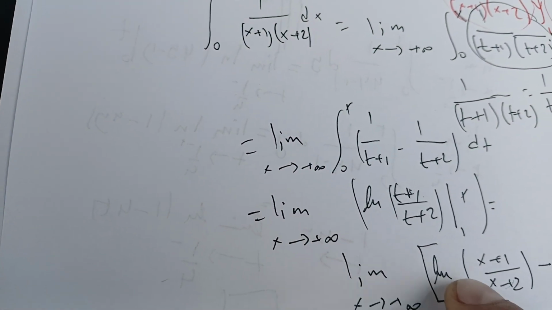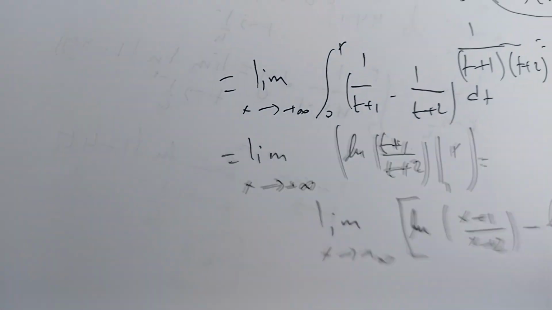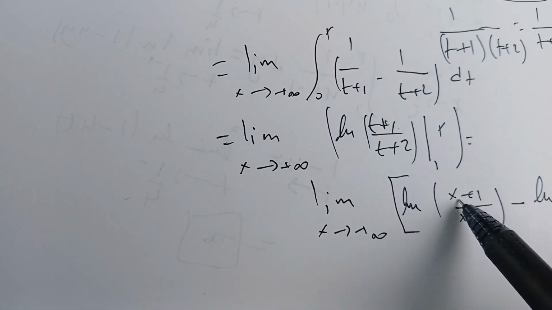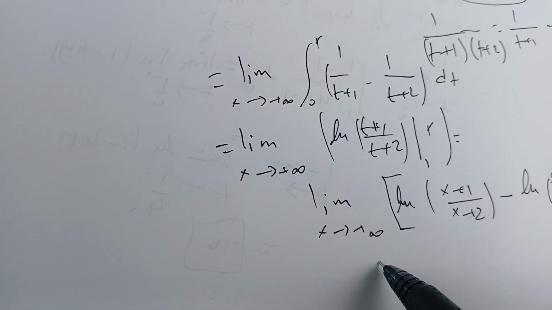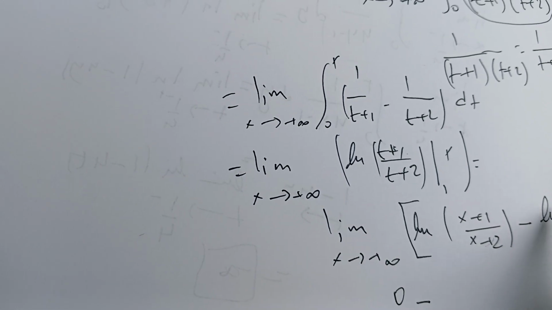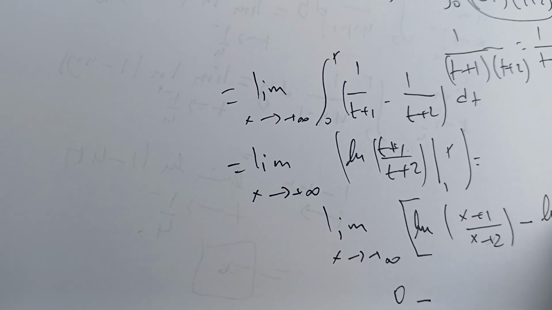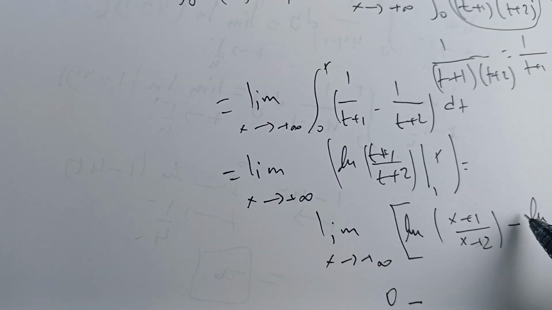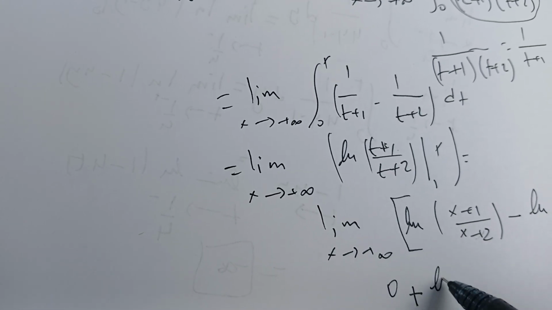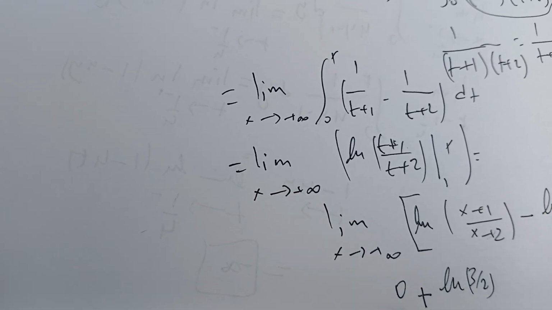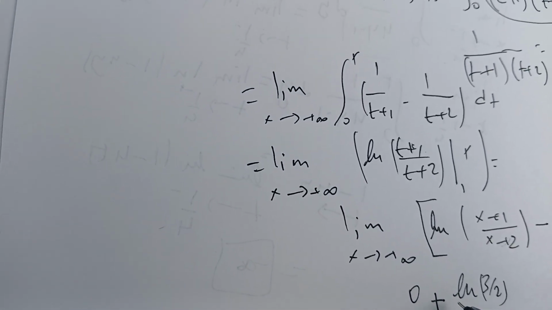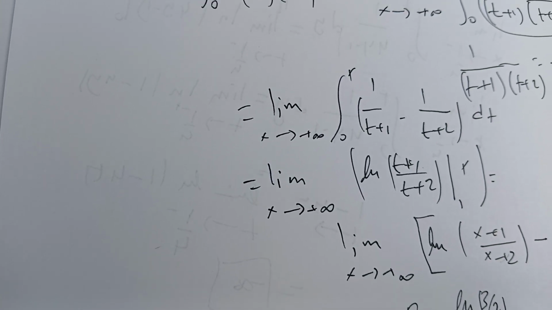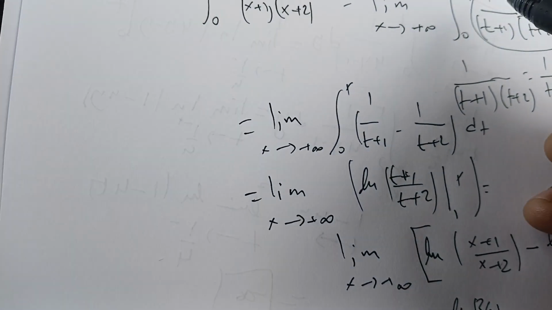Since the log is continuous, I can enter the limit inside. I'm going to get the log of 1 here, and the log of 1 is 0, so I get 0 minus the natural log of 2 over 3. I'm going to switch this one and say 3 over 2 to make it positive.